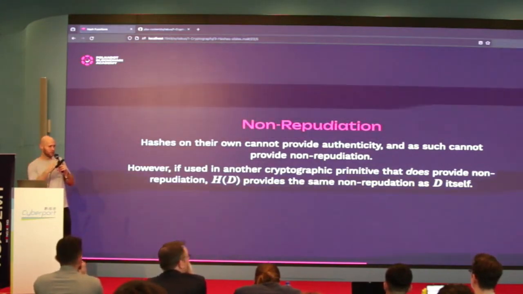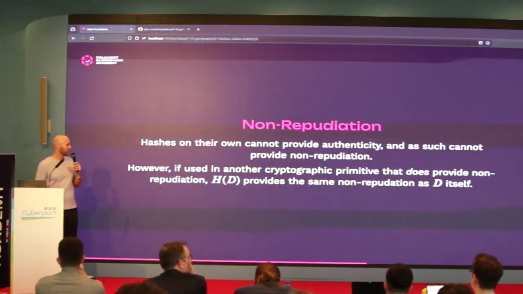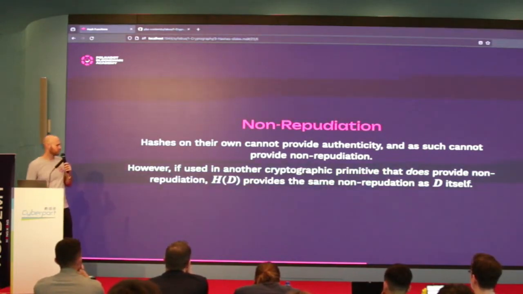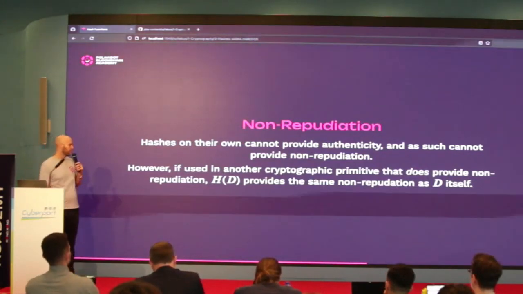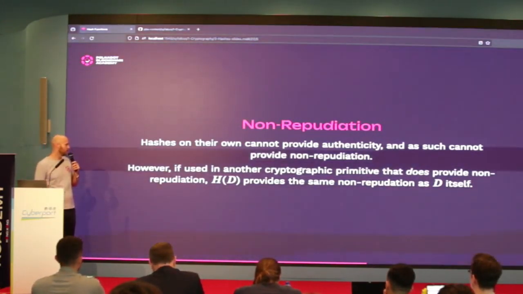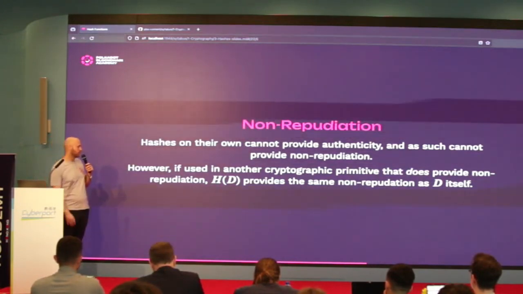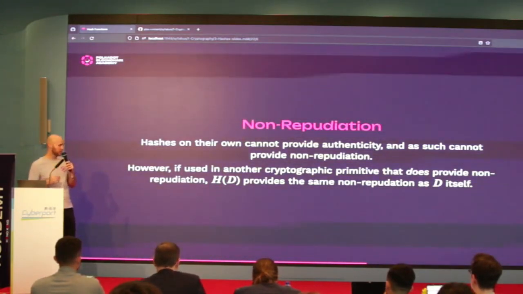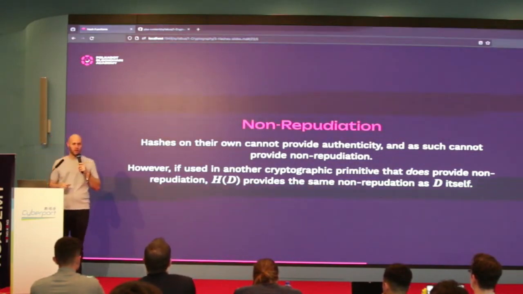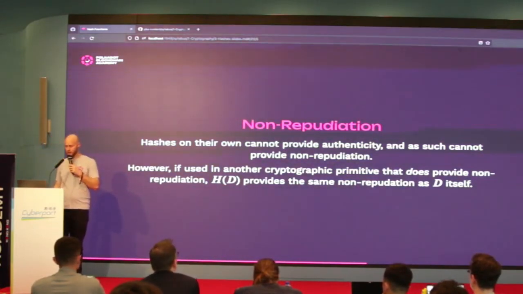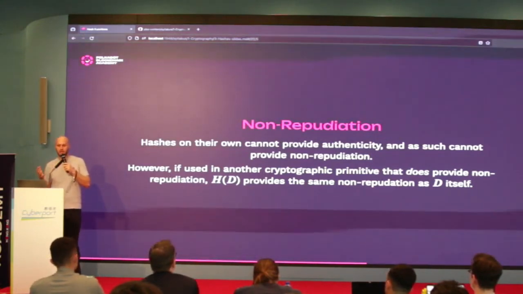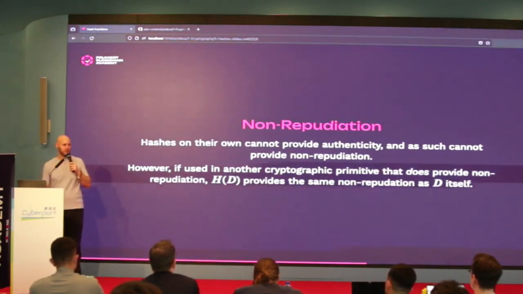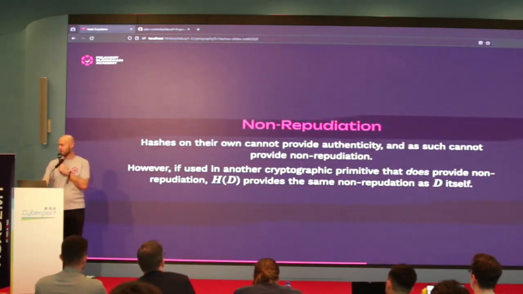So it can't provide non-repudiation, but if you use it in another cryptographic primitive, like in signatures, then the hash of some data provides the same non-repudiation as the data itself. We'll see that in signatures. So again, the hash alone can't give me authenticity. We have to use something else.